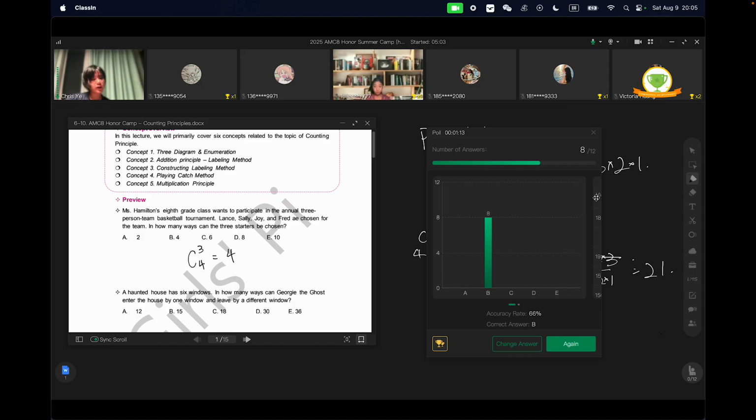So this is the way that we solve this problem, but since we can only choose 3 out of 4, a simpler method is we can just choose the person that did not participate. So the number of ways to choose 1 out of 4 is also going to be 4.